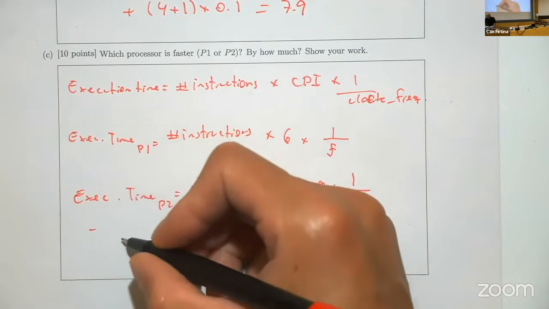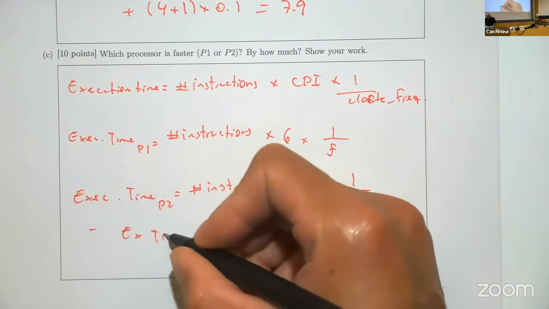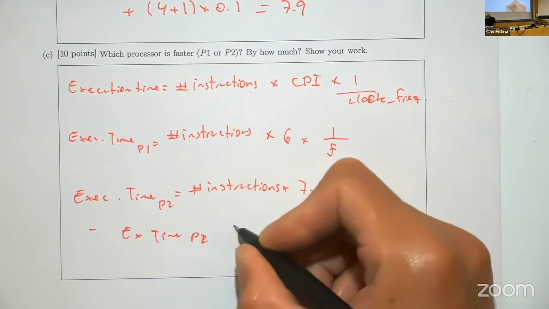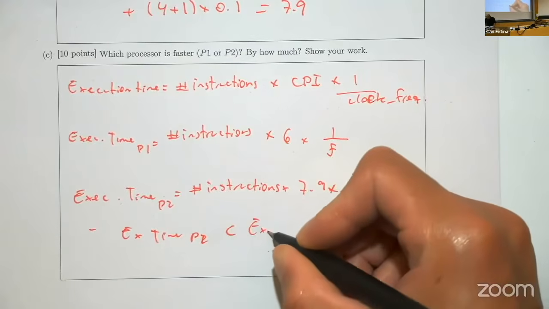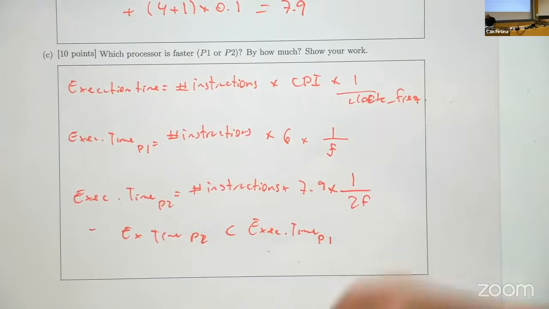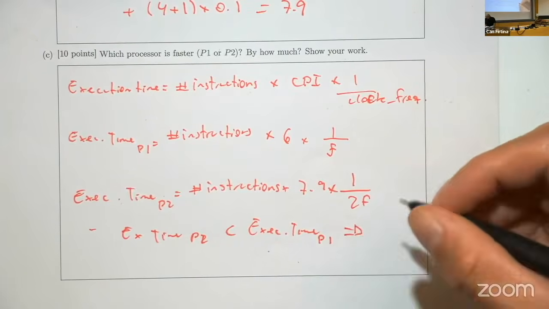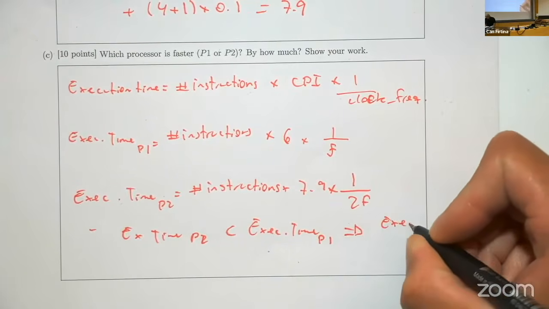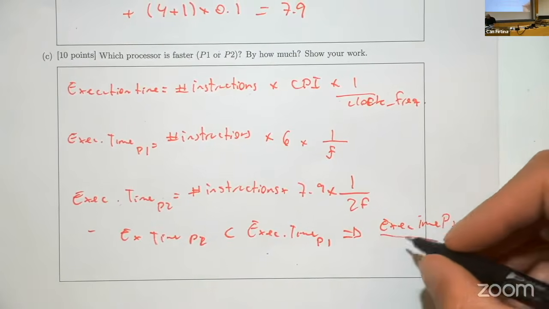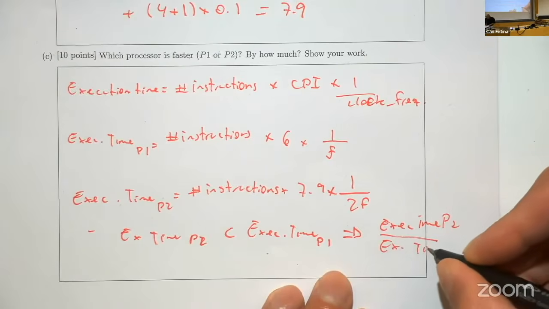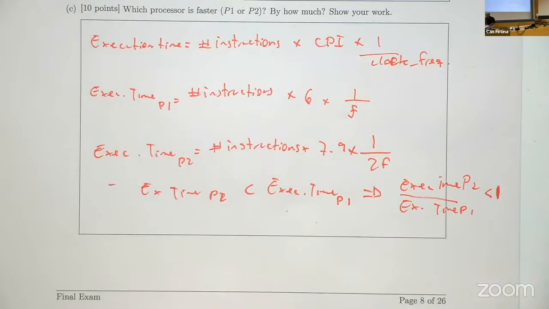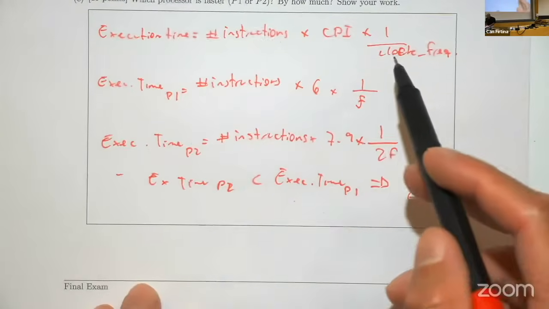So if you assume the execution time of P2 is smaller than the execution time of P1, this means that the execution time of P2 divided by the execution time of P1 is smaller than 1, then you just verify if the inequality is true or not.